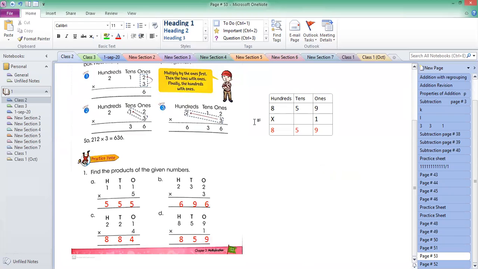Okay. Now, one question for practice we will do by ourselves. 4, 1, 3. Multiply by 2.